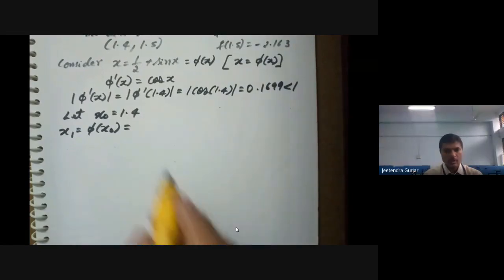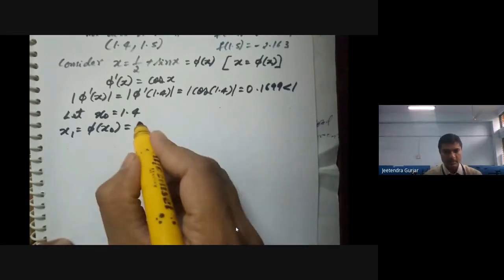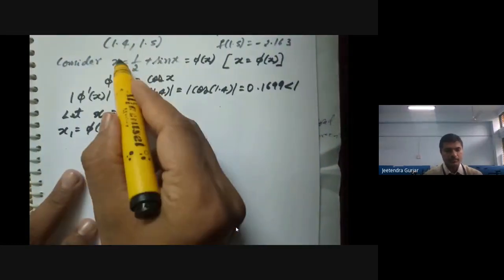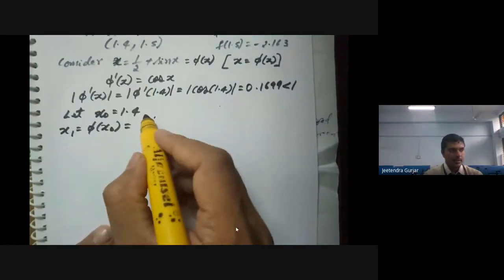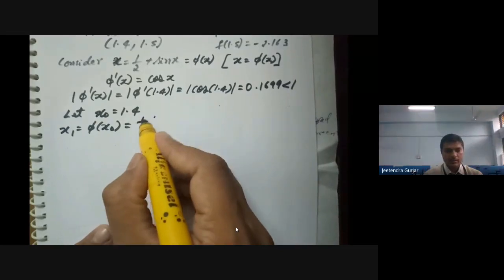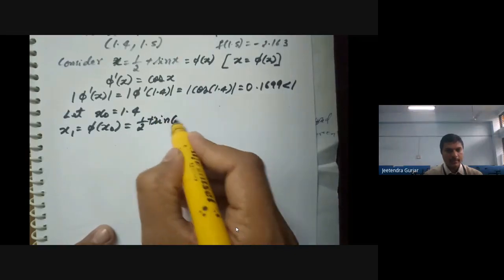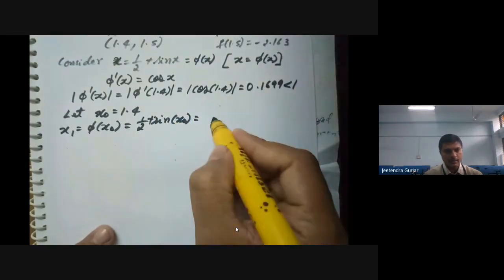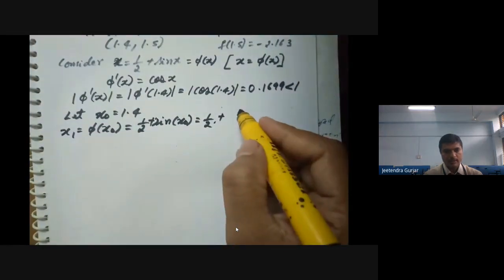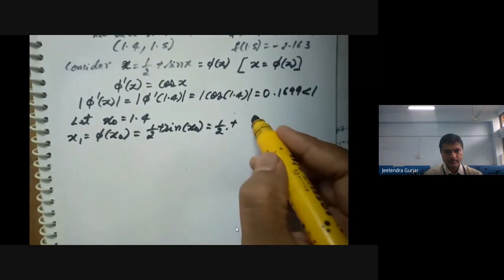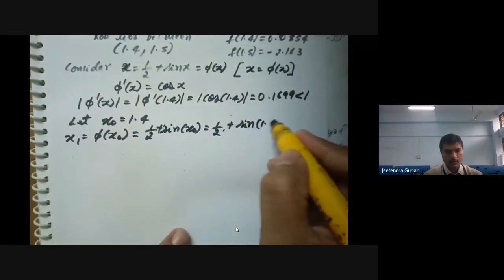x1 is equal to phi of x naught. Yes, many of them have got the answer immediately. Very good. So substituting this value, it is 1 upon 2 plus sine x naught, which is equal to 1 upon 2 plus sine of 1.4.